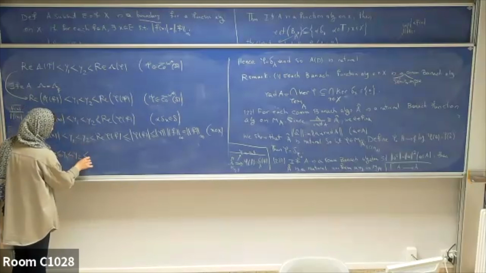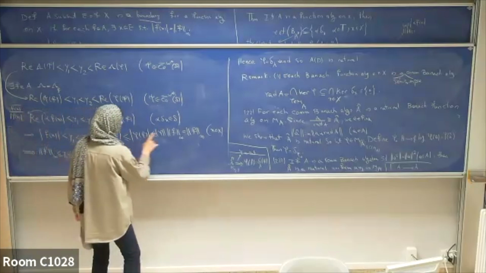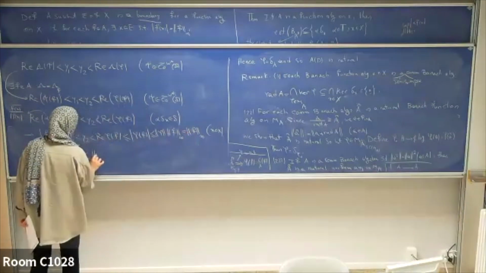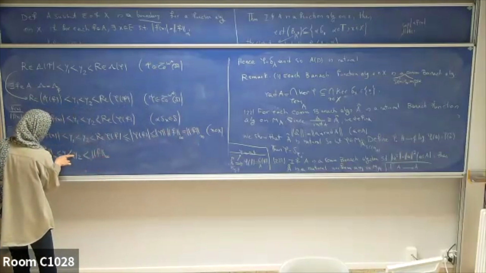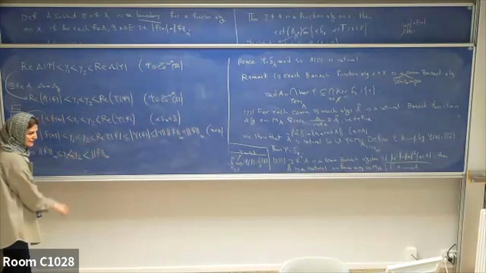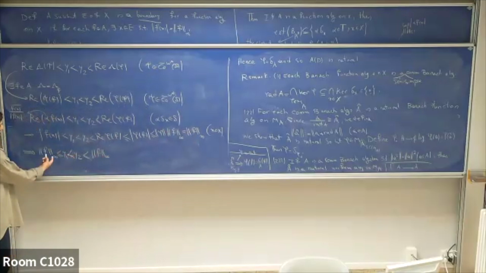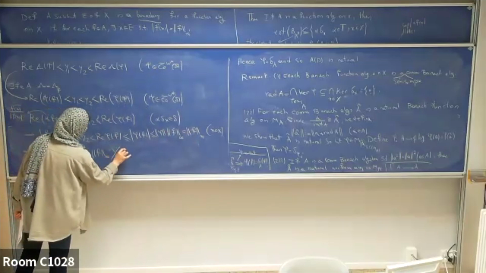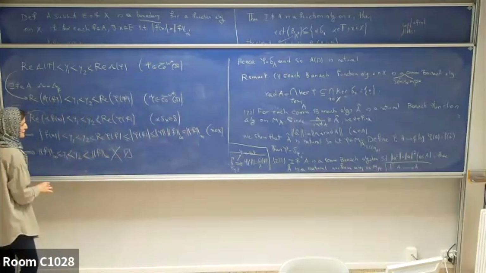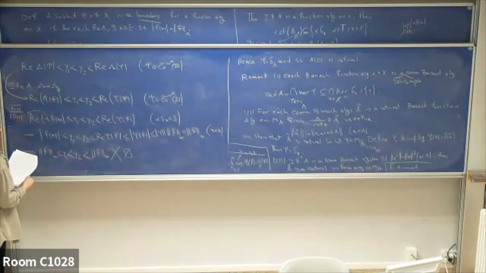And finally, I can get here the supremum norm of f. But this is impossible because this one is a strict inequality, and they are the same. This contradiction shows that the closed convex hull is exactly P of A star.